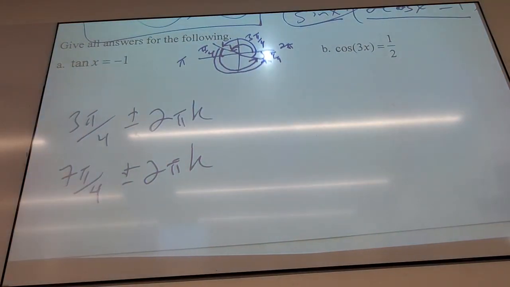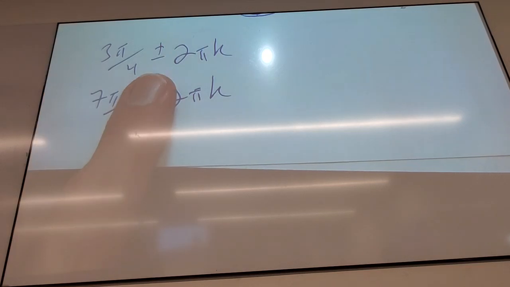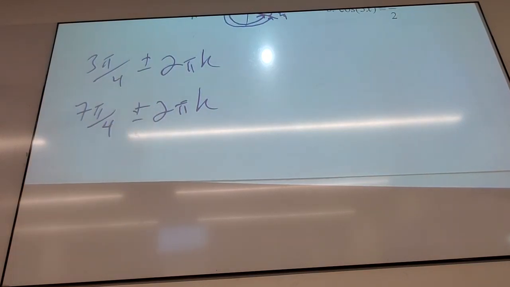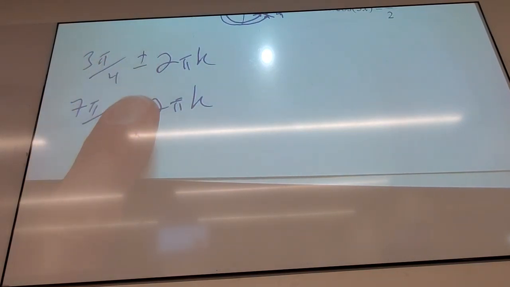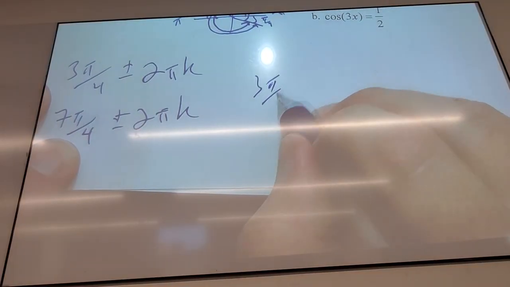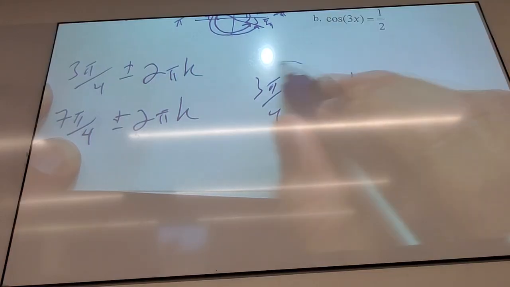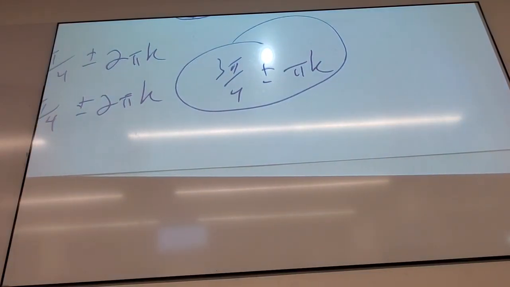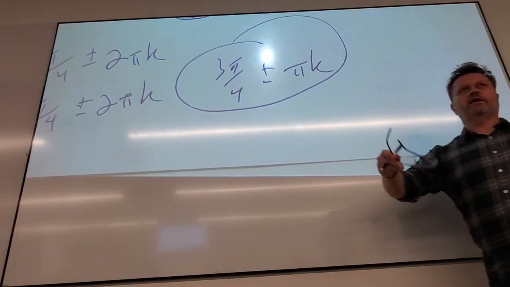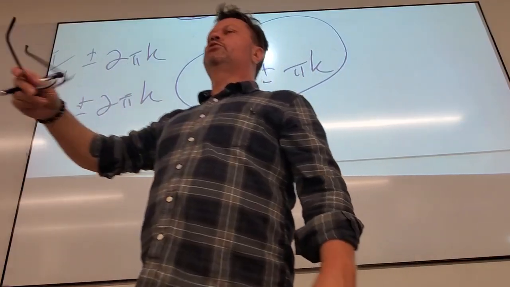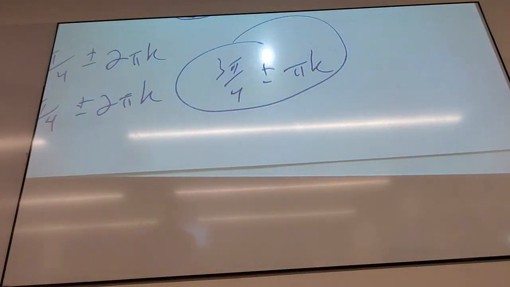I don't miss anybody. If you write this, I technically can't say it's wrong. It's just writing too much. Because I can start at 3 pi over 4 and get every answer if I just do this. Now, the fact that the period of tangent is pi should have told you that there's a better way to write it than in reference to 2 pi.